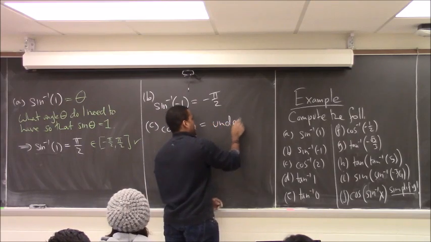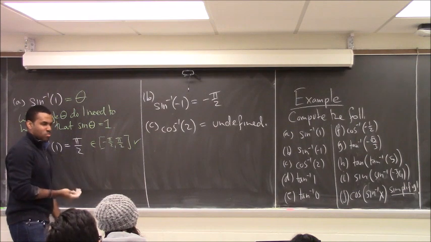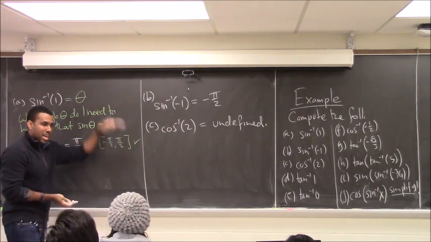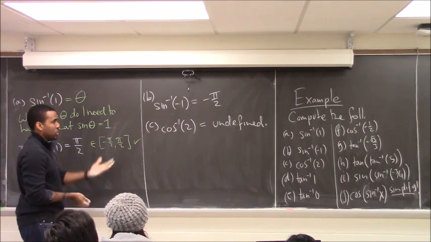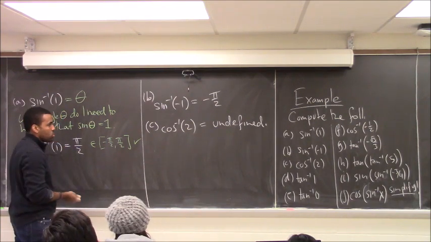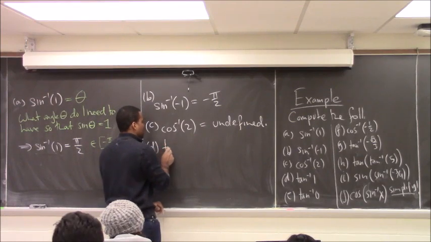Undefined. That's right. Cosine will never output 2. The maximum it outputs is 1, right? You know the cosine well enough to know that it'll never be a value higher than 1. So that's actually undefined. What about the tan inverse of 1?